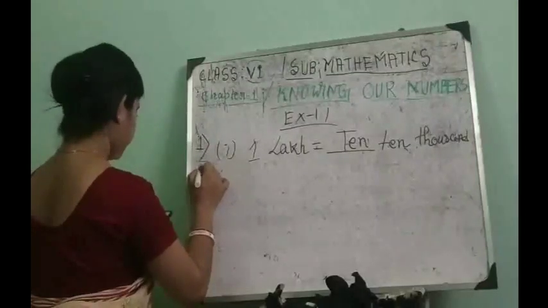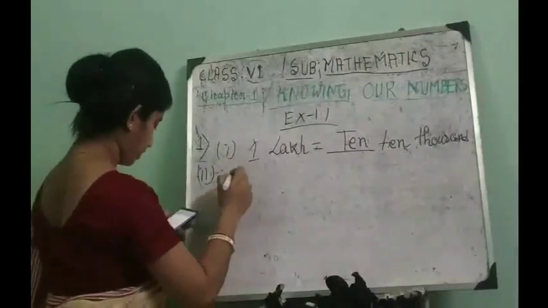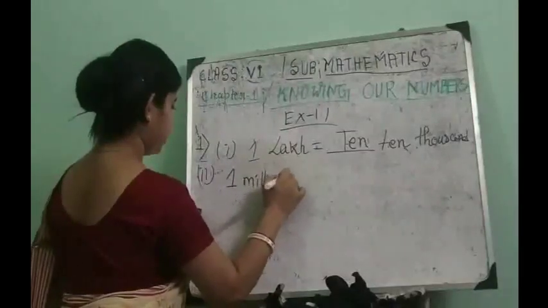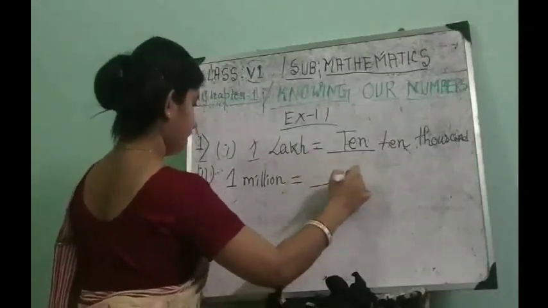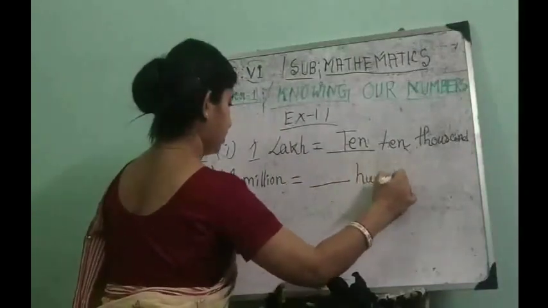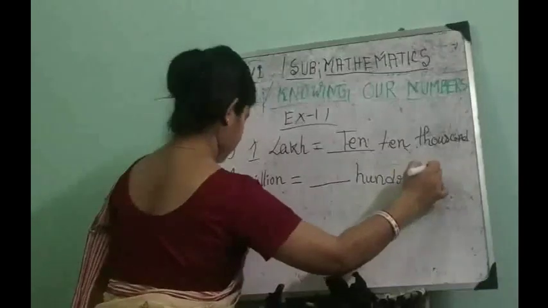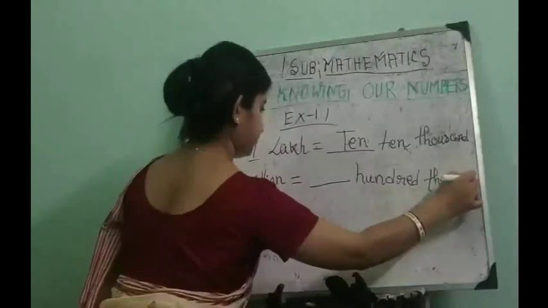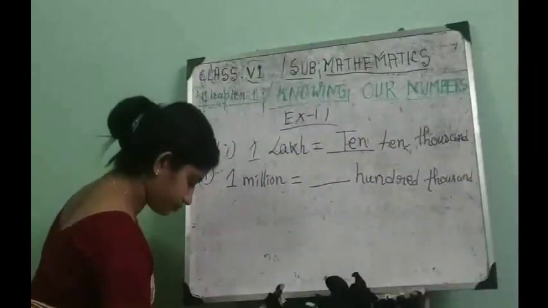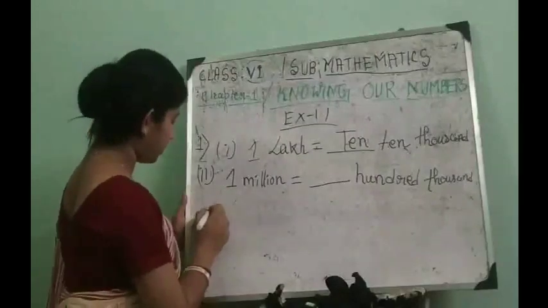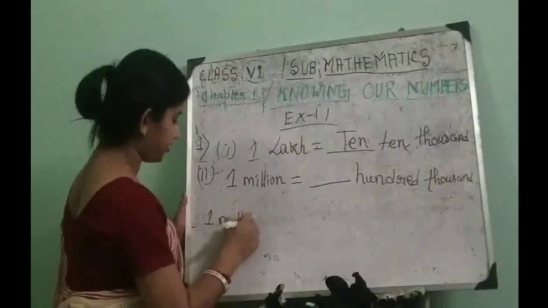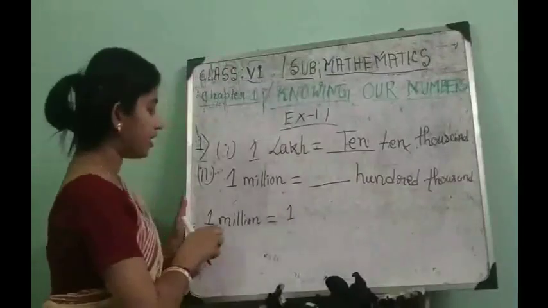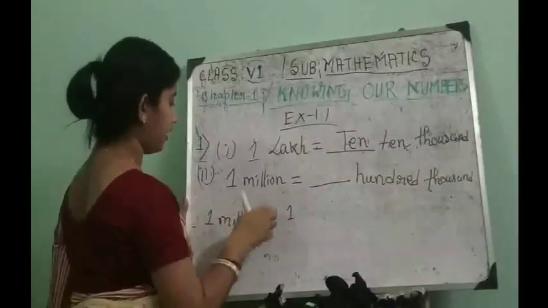Next is number 2. 1 million equals to dash 100,000. Here 1 million means 10 lakhs.